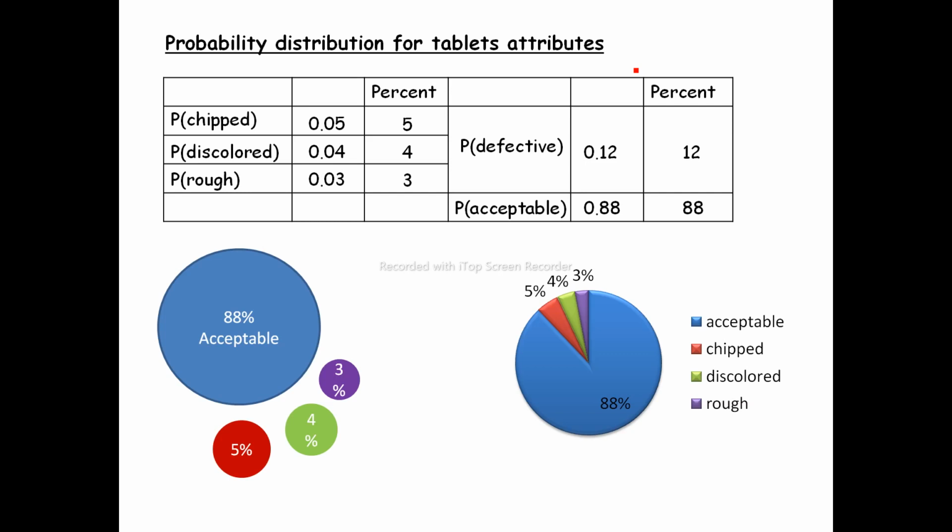Isn't it? Now, a different condition you will take now. Suppose chipped and discoloration are not mutually exclusive events, meaning there are few tablets which are chipped as well as discolored. Okay, now imagine there are few tablets that are only chipped. There are few tablets which are only discolored.